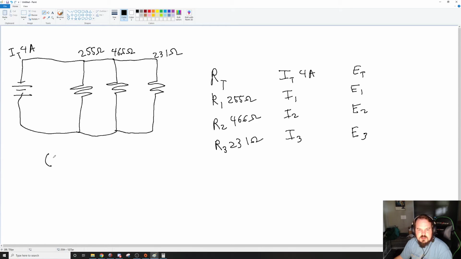Open parentheses, 255 to the negative 1 plus 466 to the negative 1 power plus 231 to the negative first power. Close your parentheses and do that negative 1 one more time.